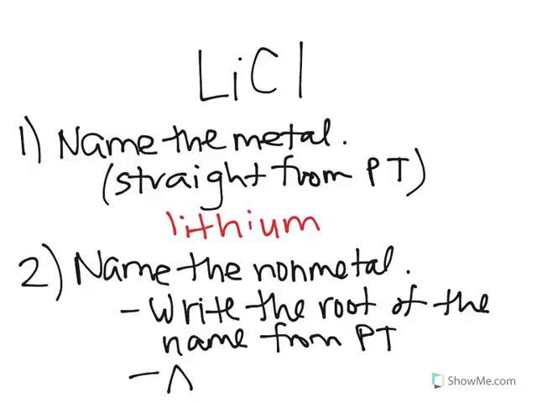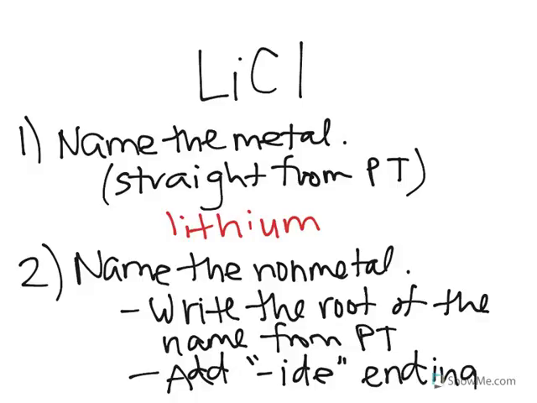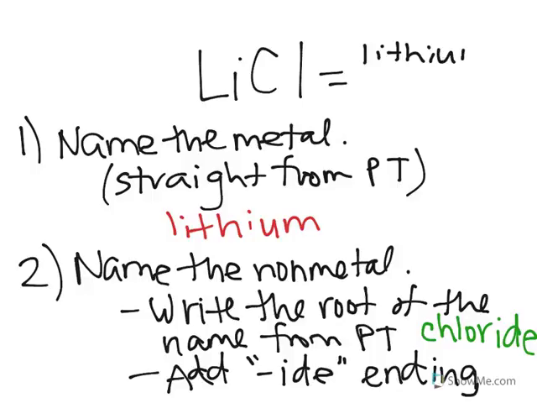And step number 2 says to add IDE ending. So in this case, the root of our nonmetal is chlor, and when we add the IDE ending, we get chloride. So the whole name of this entire compound then is lithium chloride.